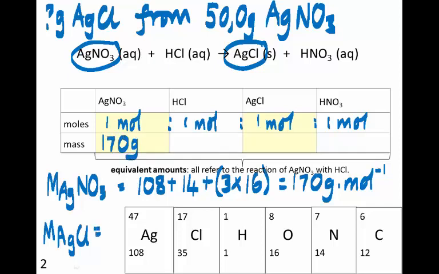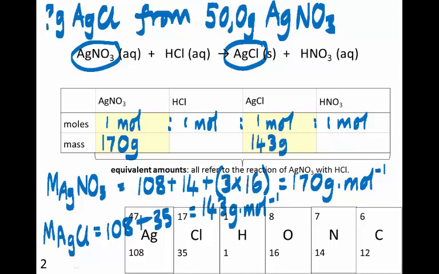Silver chloride: 108 for the silver, plus 35 for the chlorine. 143 grams per mole is the molar mass of silver chloride. 1 mole of silver chloride has a mass of 143 grams. So the reacting ratio that's relevant to this question is 170 grams of silver nitrate will produce 143 grams of silver chloride, or any other numbers that are in the same ratio as this.